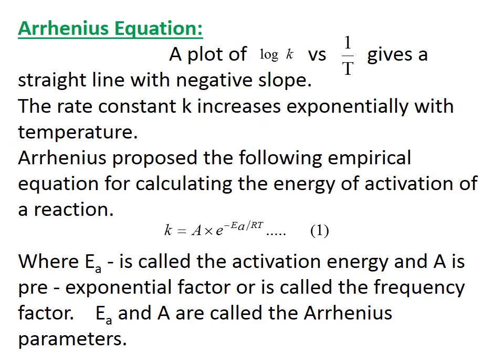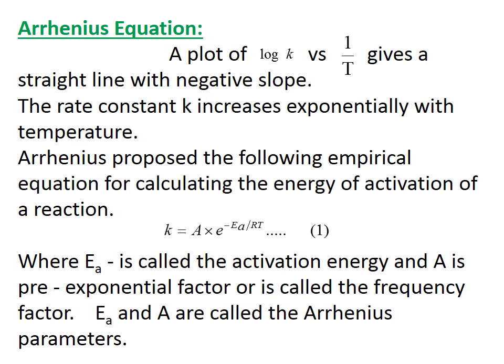Now the very important equation, this is known as the Arrhenius equation. It explains the effect of temperature on the rate of the reaction. A plot of log K versus 1 by T gives a straight line with a negative slope. The rate constant K increases exponentially with the temperature.